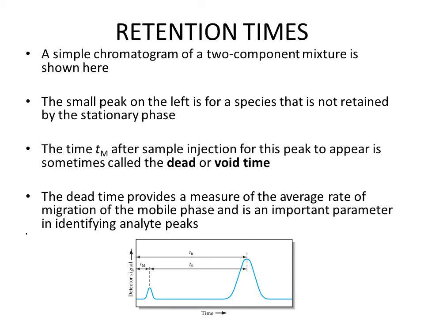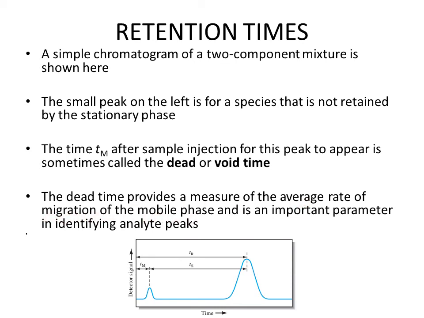The time Tm after sample injection for this peak to appear is called the dead time or void time, and this dead time provides a measure of the average rate of migration of the mobile phase.